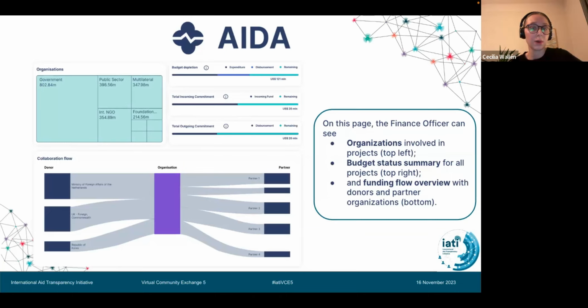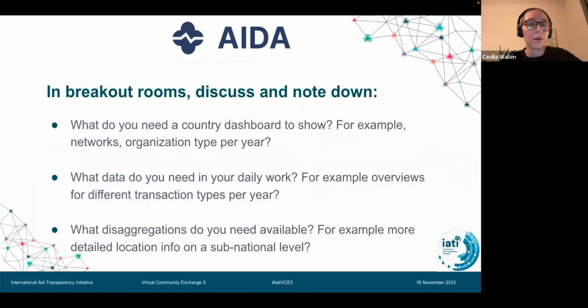And the bottom graph would show collaboration flows, what comes in from donors and what is dispersed onto partners. But these are just examples of things that could be viewed and shown in a portal or dashboard like this. So if you move on to the next slide, please, Maike.